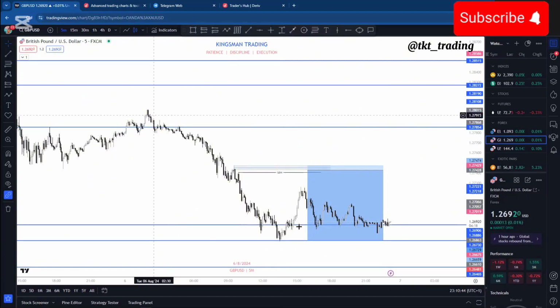Market is heading lower, so I only want to look for sell opportunity. So this is a low. I was expecting price to do something like this. From this point here, I was expecting price to head up, take out liquidity from this point, and then move over to this point and tap into my entry before heading down lower.